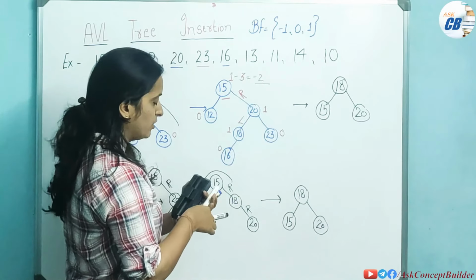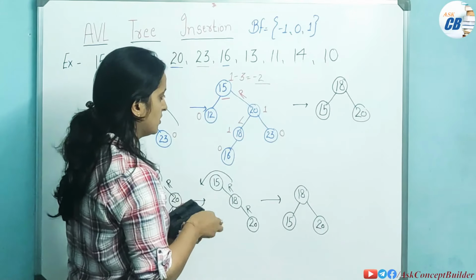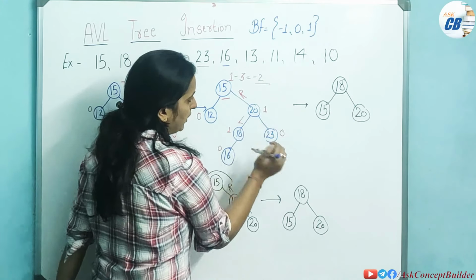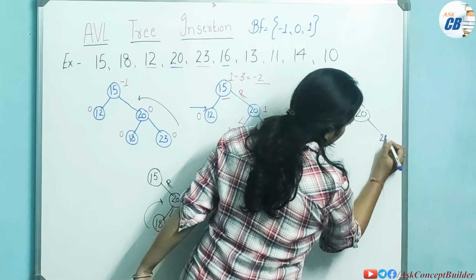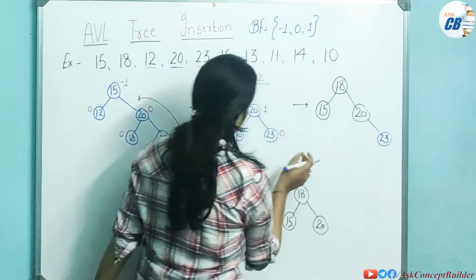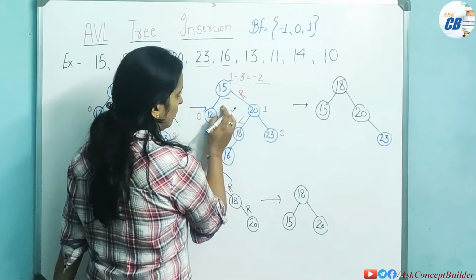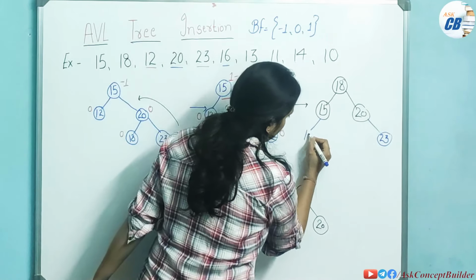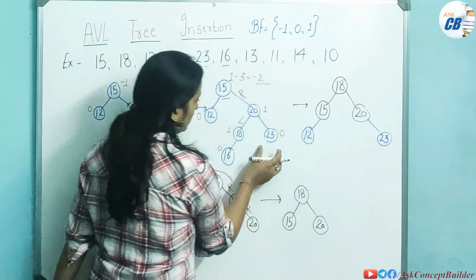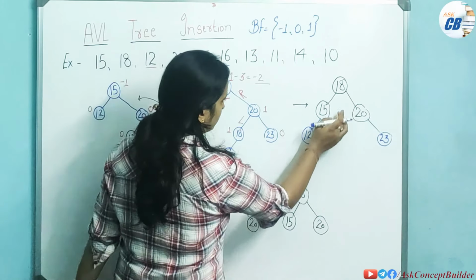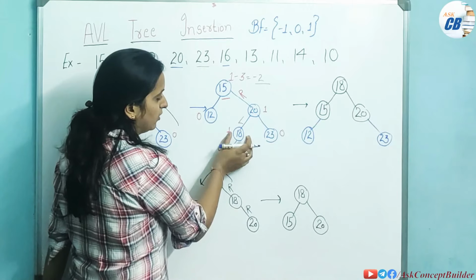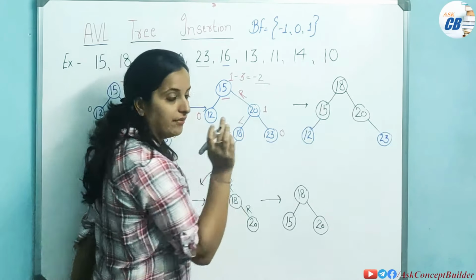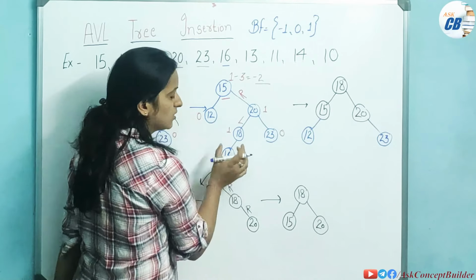Now we'll see the other nodes with respect to these. 23 was on the right of 20, so we will mark 23 on the right of 20. 12 was on the left of 15, so we mark 12 here as it is. But now on the left of 18 we were having 16, but now 18 is here, so where will we put this node 16?